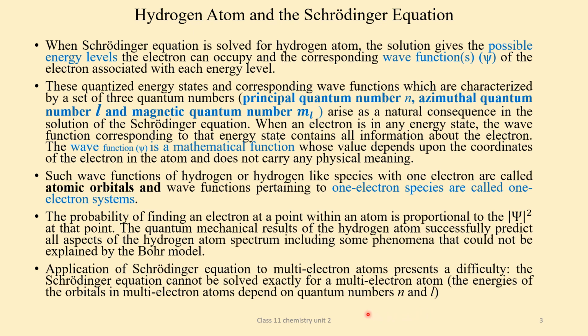The Schrodinger equation cannot be solved exactly for a multi-electron atom. The energies of orbitals in multi-electron atoms depend on quantum numbers n and l.